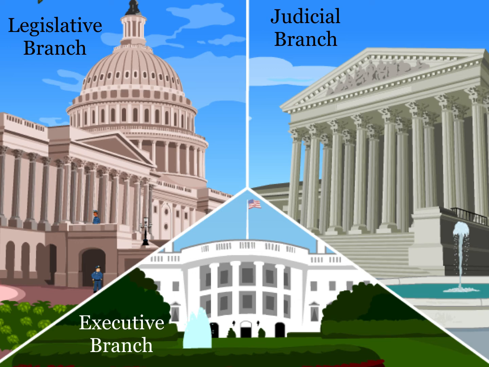This system with 3 branches is designed to move slowly to involve citizen input, to make sure that no one branch is too powerful. And as a result, it gets kind of bogged down and we sometimes can be frustrated. But really, this idea of three co equal branches of government is what really makes America unique.